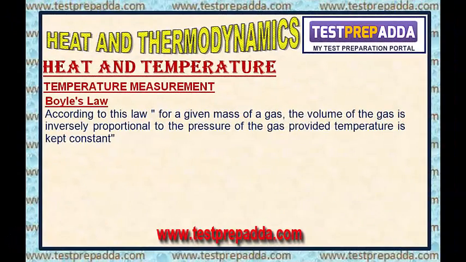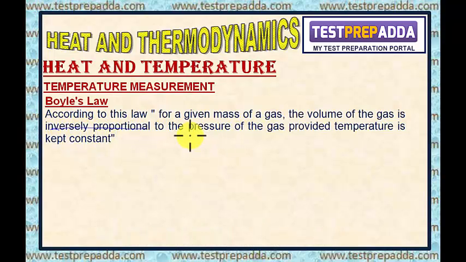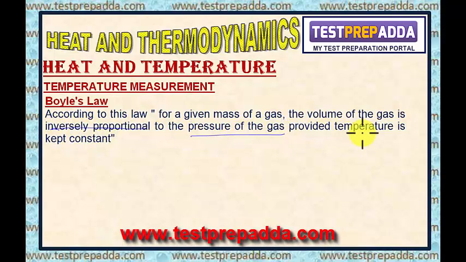Dear students, now I will talk about constant volume thermometer. According to Boyle's law, for a given mass of a gas, the volume of the gas is inversely proportional to the pressure of the gas provided temperature is kept constant.